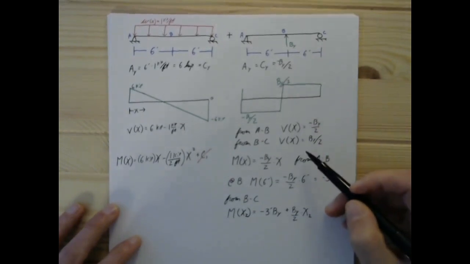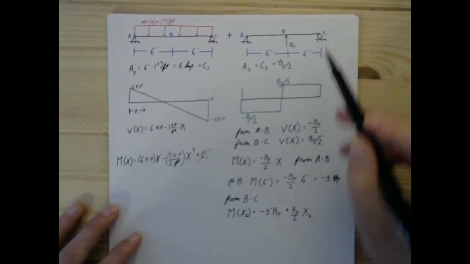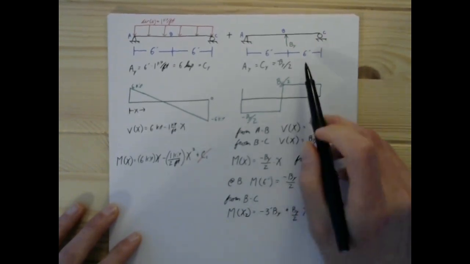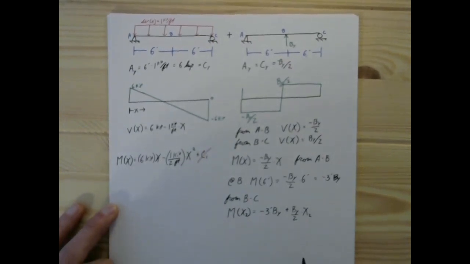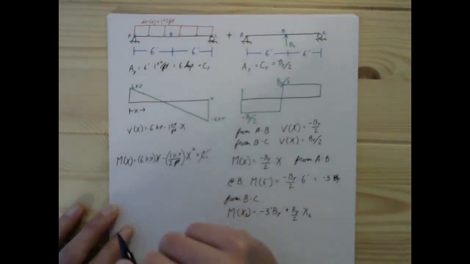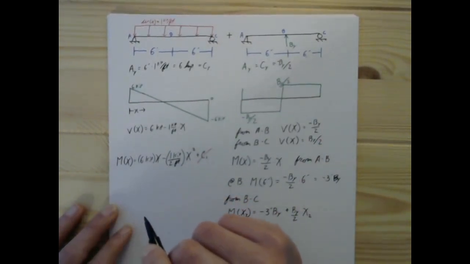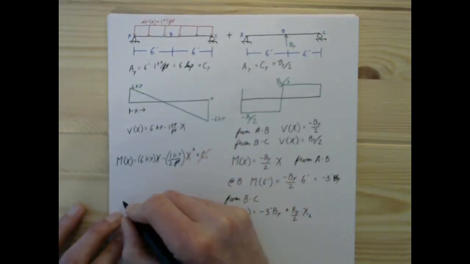And we can go ahead and check to make sure that we've done this correctly, that we don't have any moment at point C, by putting 6 feet in for x2, and we're going to end up with 0 for this equation, which is good. We're obeying that boundary condition that the moment at C has to be 0. So good on that. Not a good camera angle for giving a thumbs up. So that's going to be for this one.